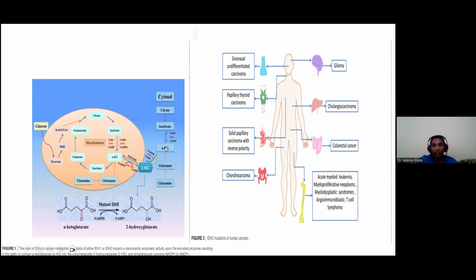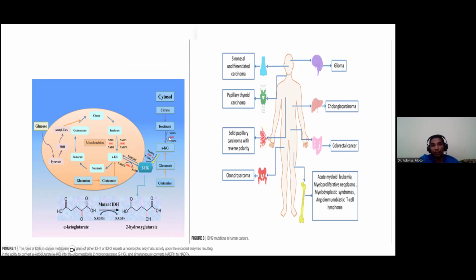When there is a mutation in the IDH, this mutation will convert alpha-ketoglutarate to hydroxyglutarate. This oncometabolite is the main reason for the increased risk of tumor.